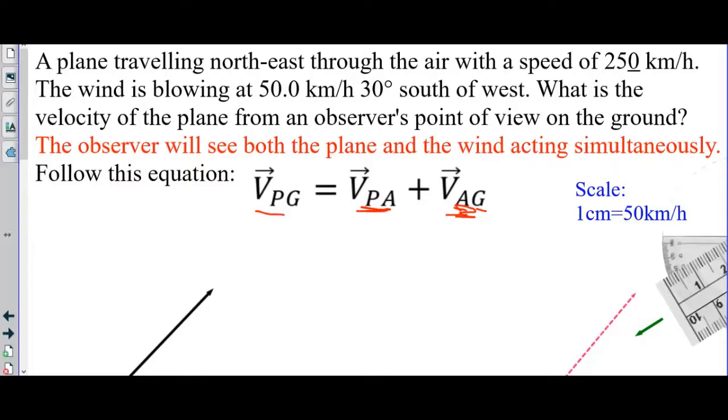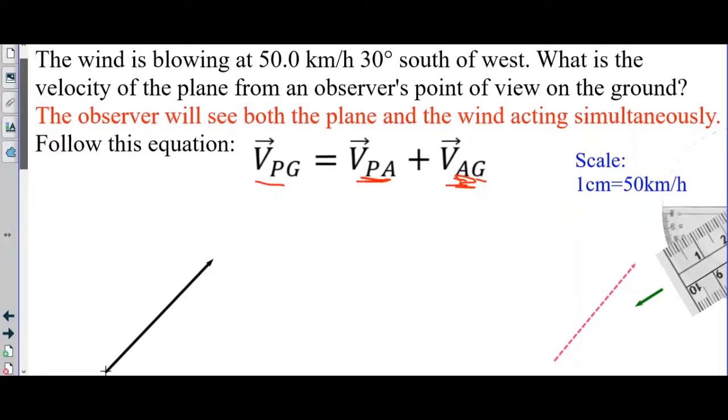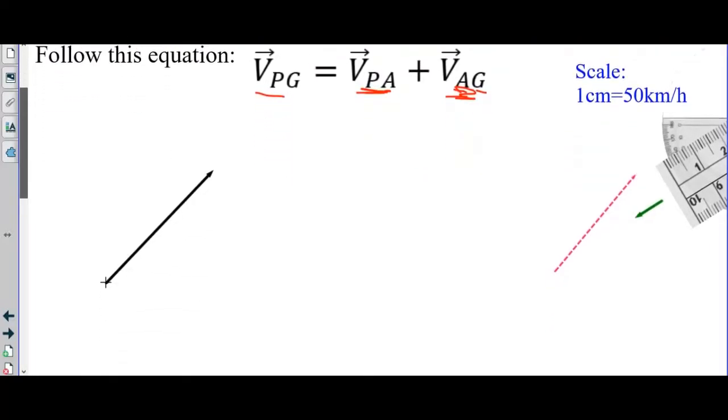To do this, I have it pre-drawn out. I have my scale set so every 1 centimeter is 50 kilometers per hour. And again, I use the correct drawing tools. If I connect them all together, which you don't have to, you can draw them separately. In a case like this where you have a very small wind velocity, I would maybe draw them separately, like I kind of have now, but I'm still going to connect them together anyways.